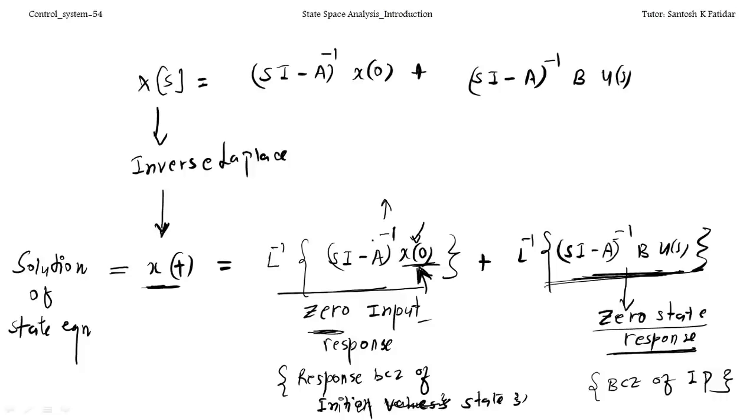So when you take the inverse Laplace, it will become e to the power At, and x0 as it is, since this is the constant. So e to the power At x0 plus the next will be the integral from 0 to t of e to the power A(t minus tau) B u(tau) d tau.